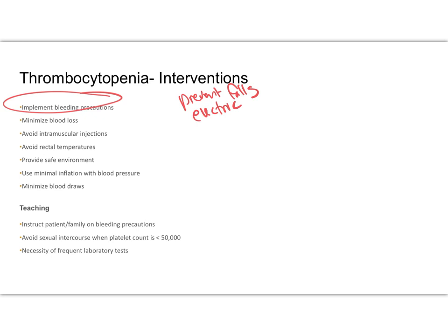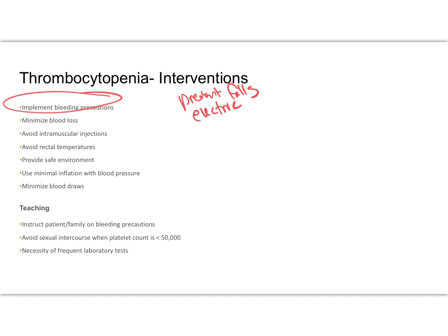So when platelet levels are extremely low, talking about safe sex, maybe avoiding it until platelet levels have come back up, okay? And they're going to need to have frequent lab tests so we can check on them and see where they're at. If they notice blood in their stool, or a nosebleed that's just not stopping, they need to come in. Right?